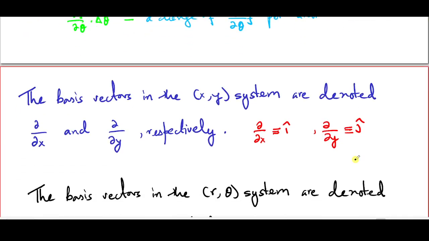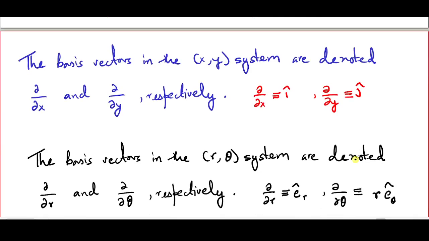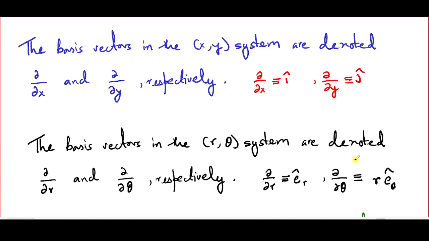The basis vectors in the r theta system are denoted by del r and del theta respectively. But notice that when you actually change through unit r, per unit change in r, you actually move unit distance along the radial direction. So del r and e_r are actually the same.